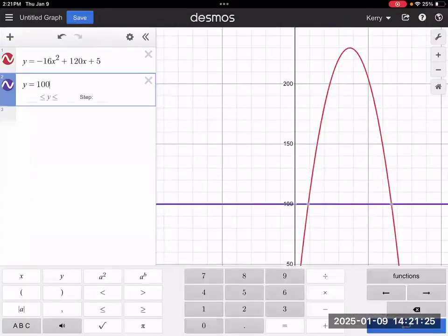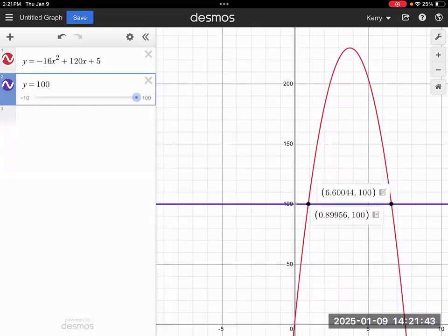Y is equal to 100. And notice that it's touching your parabola twice. Is that okay? Yes, it is okay, because what goes up must come down. This ball is reaching all sorts of different heights, and the only time it hits a height one time is when it is all the way at the top. So for us, when it touches 100 feet, it's happening both at 0.90 seconds and again at 6.6 seconds.